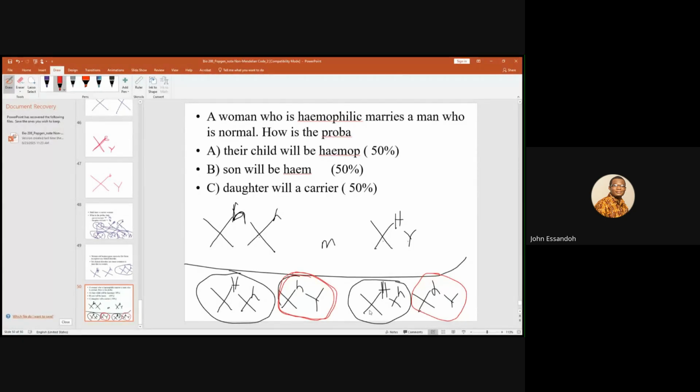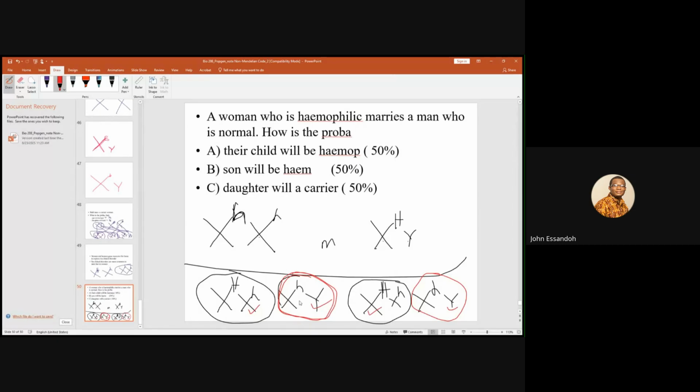Okay, so here, let's see the calculation. We have 2 girls here, 1 girl here, another girl here. All the girls are carriers and all the boys are hemophilic. So let's see the probability that the child will be hemophilic. The child means all the 4 of them, because they didn't specify the gender.